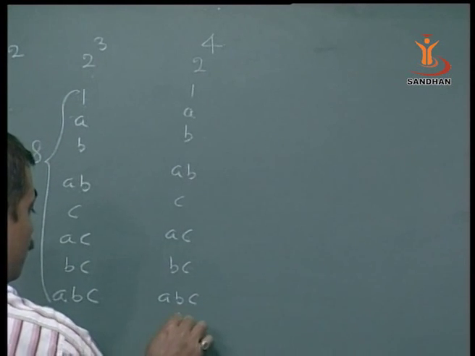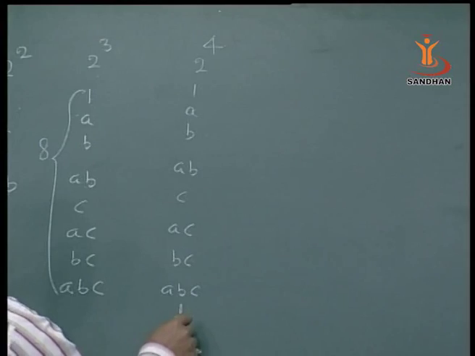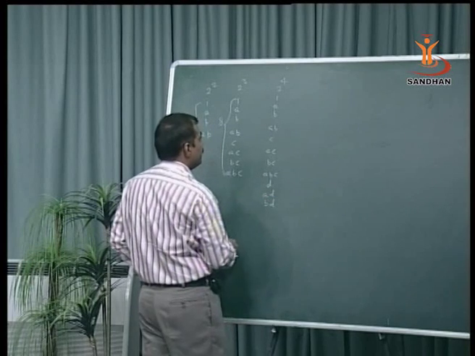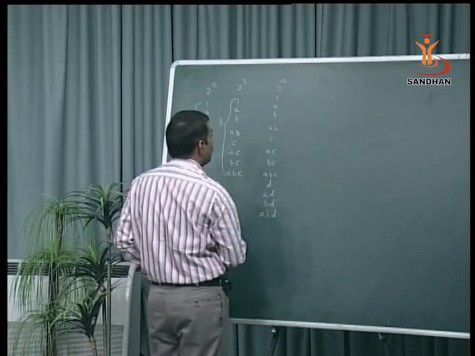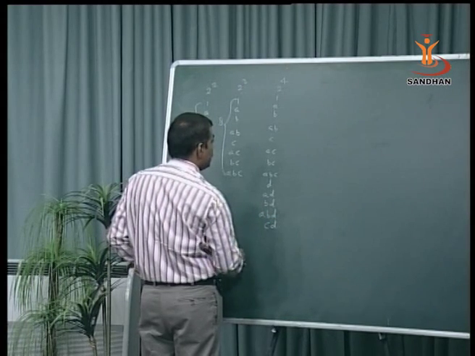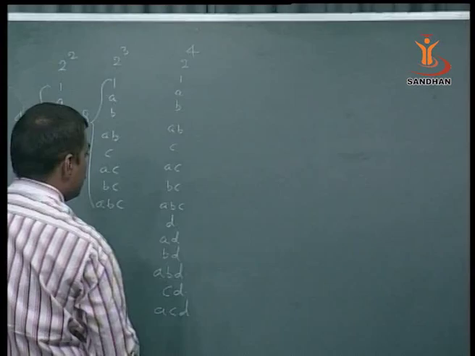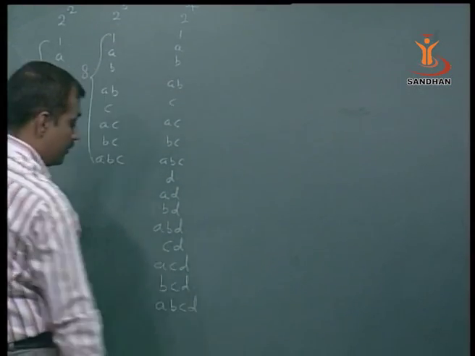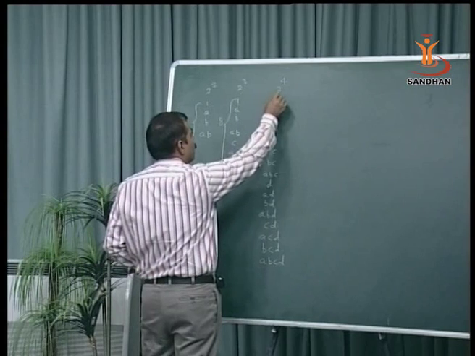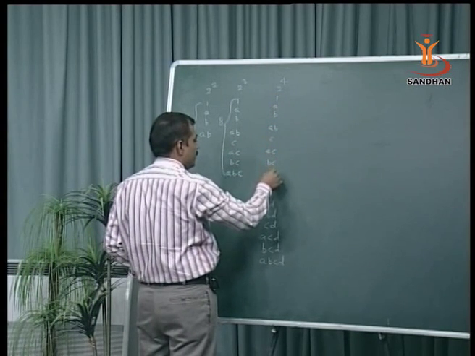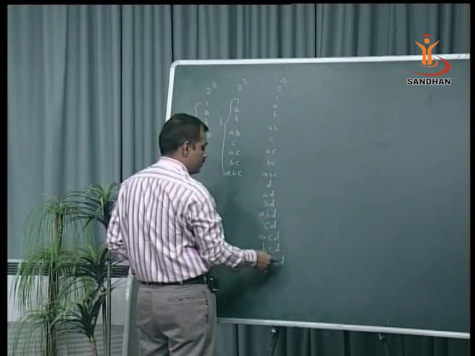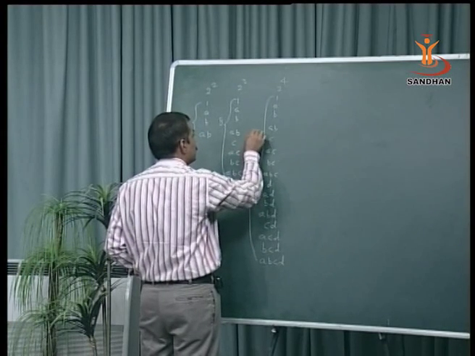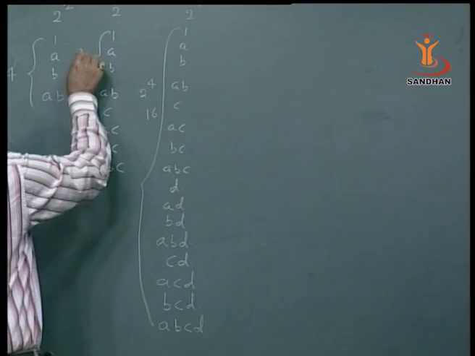Now if we introduce the fourth factor D, then first will be D, then AD, then BD, then ABD, then CD, then ACD, then BCD, then ABCD. So how many in all? 1, 2, 3, 4, 5, 6, 7, 8, 9, 10, 11, 12, 13, 14, 15, 16. So total treatment combinations are 16. That is 2 raised to power 4. This is 2 raised to power 3.